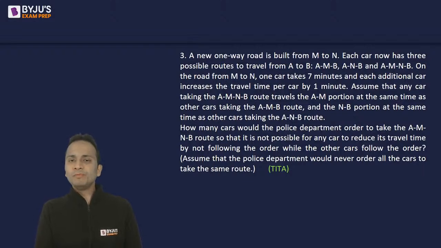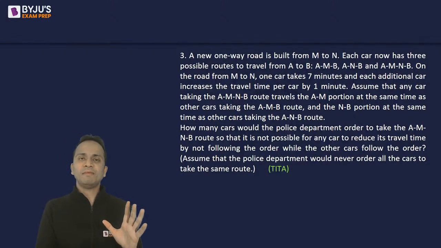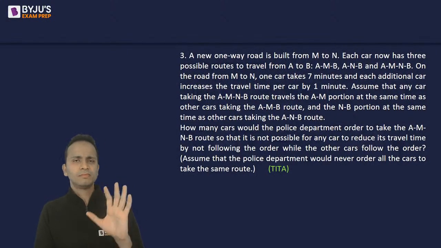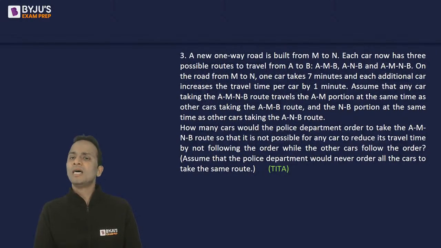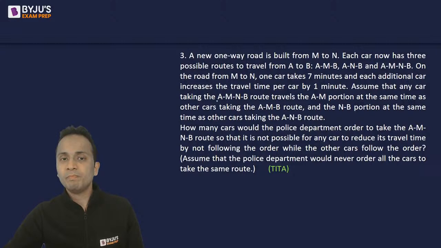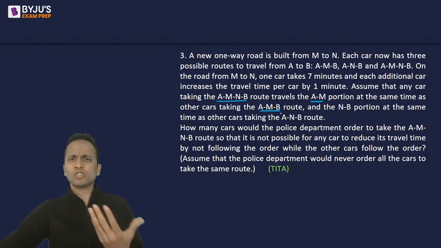On the route from M to N, one car will take 7 minutes and each additional car will increase the travel time per car by 1 minute. Similar statement. Assume that any car traveling the AMNB new route travels the AM portion at the same time as the other cars taking this route. So this is normal, but they have mentioned this thing.